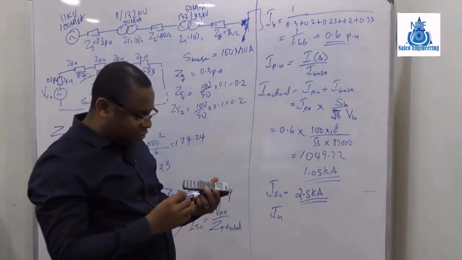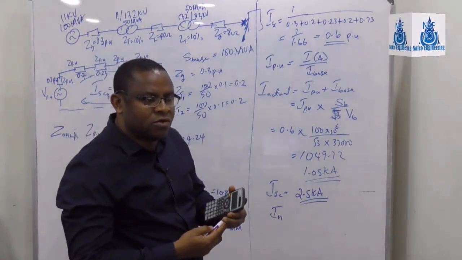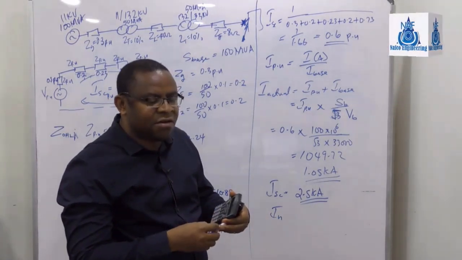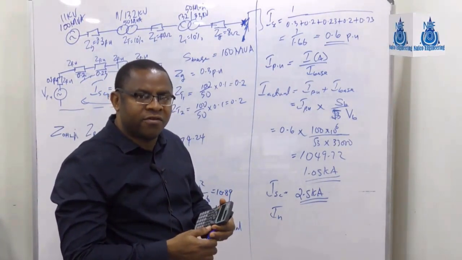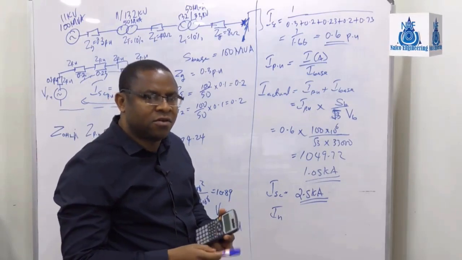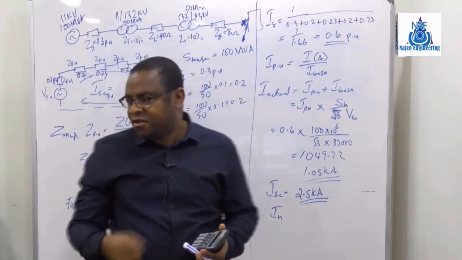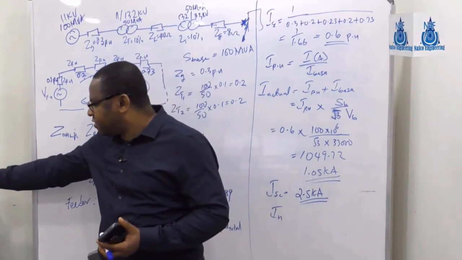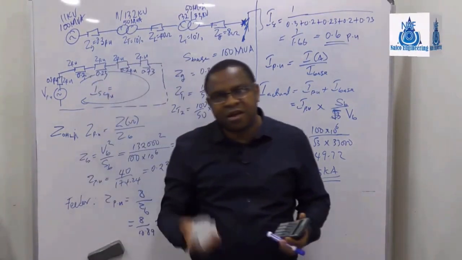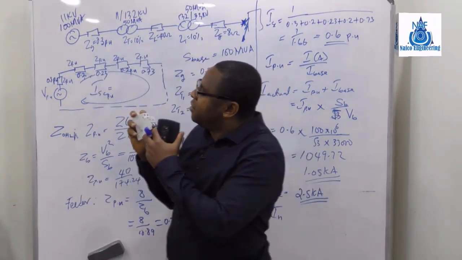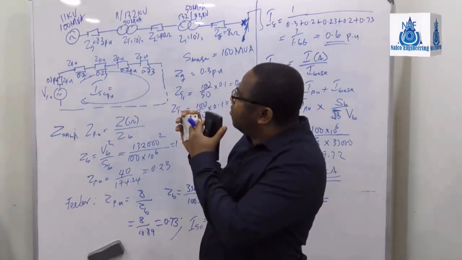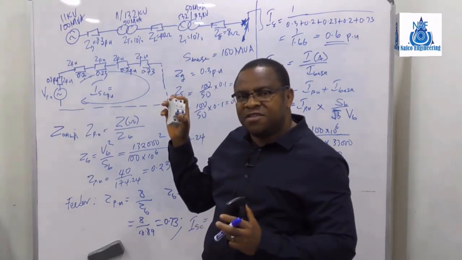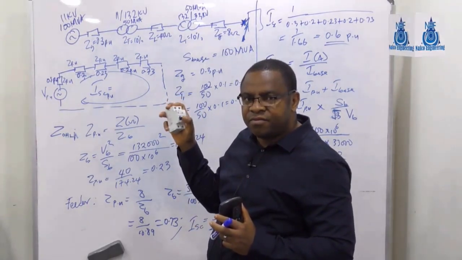So we use the load to get the nominal rating of the breaker, and we use the fault level, the fault current, to know the short circuit rating of a breaker. So as I said, when you get this breaker like that, it has the short circuit rating of 3 kA and the nominal rating of 63 amps. Okay?